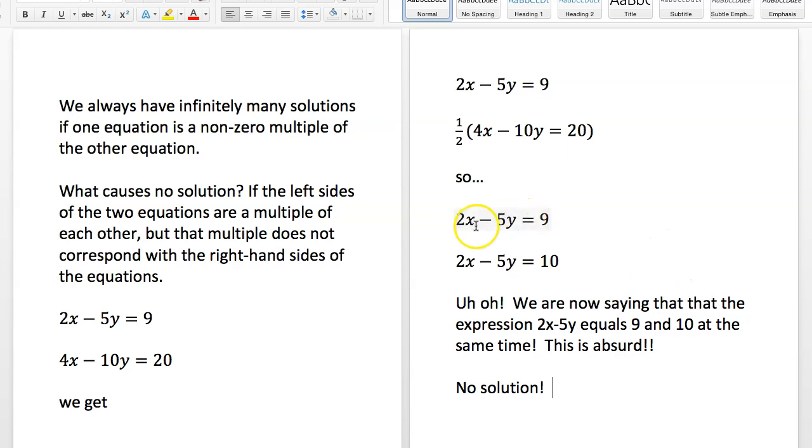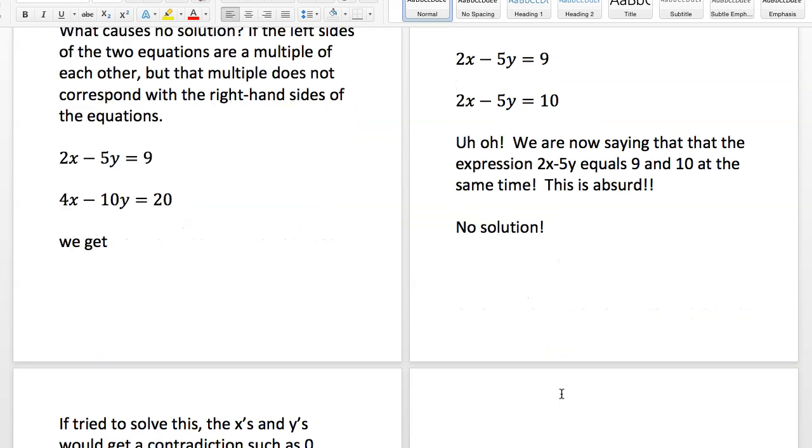If you tried to solve this, you would get a contradiction, such as 0 equals 1, which is an absurdity, right? Which is not true.